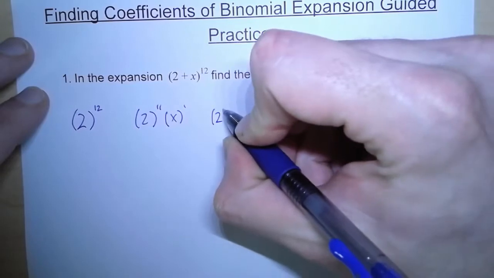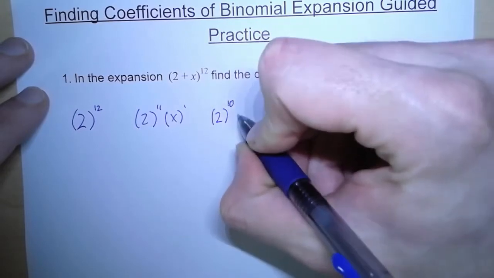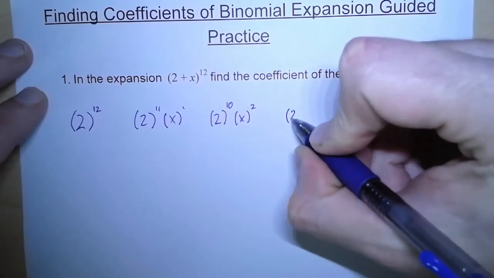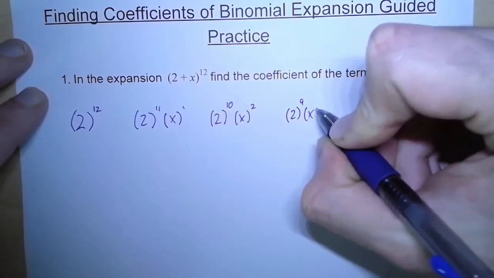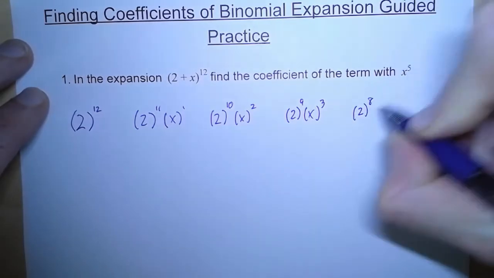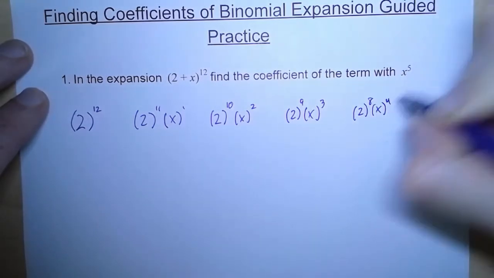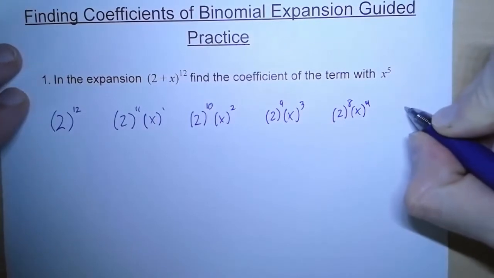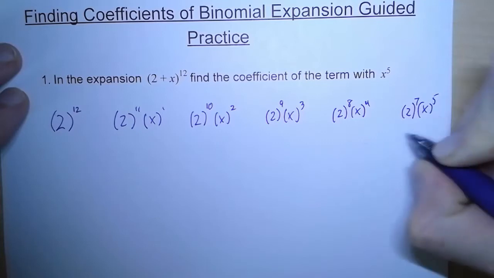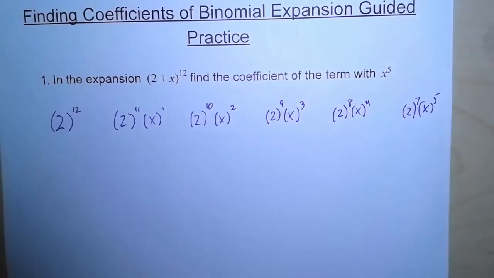So 2 is going to be to the 10th, and then we have x squared. Then we have 2 to the 9th, and x cubed. And then 2 to the 8th, and that's x to the 4th. And then finally we have 2 to the 7th times x to the 5th. And there we go. There's the term we want.